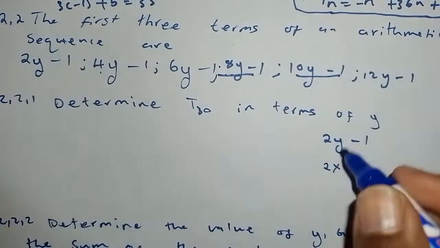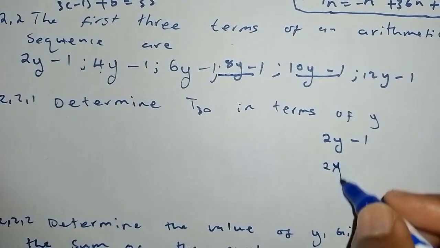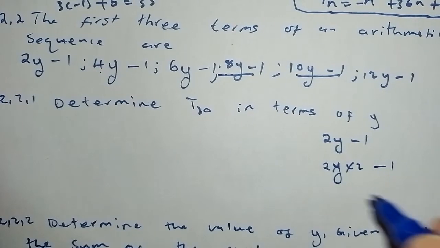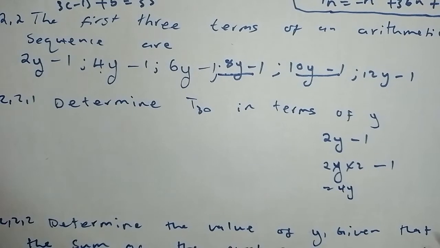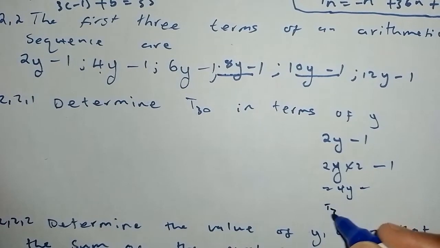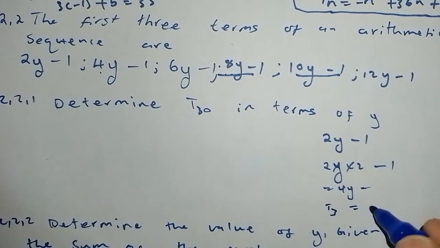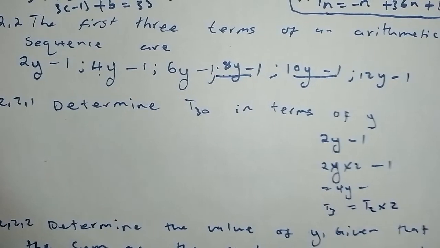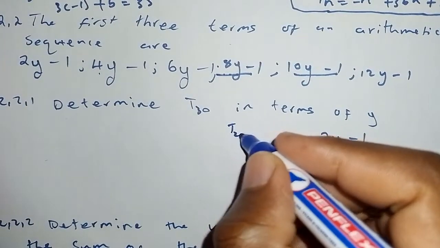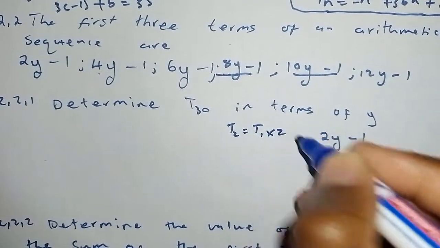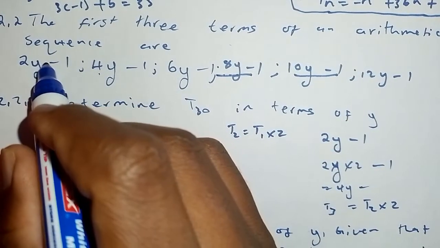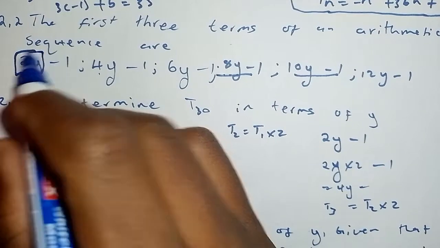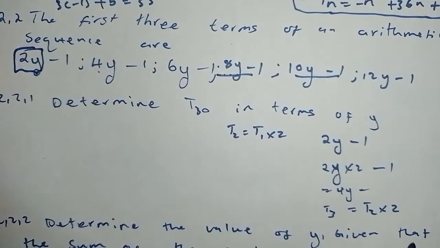Multiply this by 2, minus 1, this will give us 4y. T3 is equals to T2 multiplied by 2. Actually, T2 is equals to T1 multiplied by 2. Which T1? This part only, not the 1.